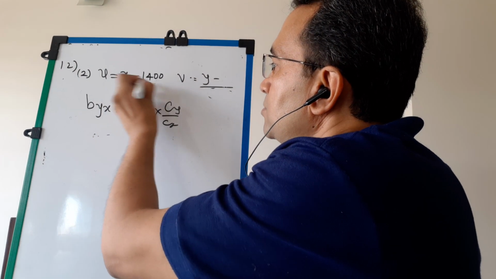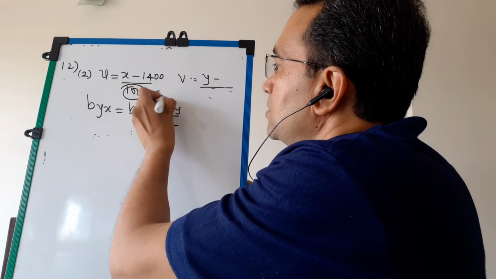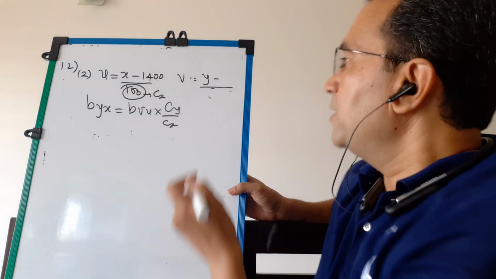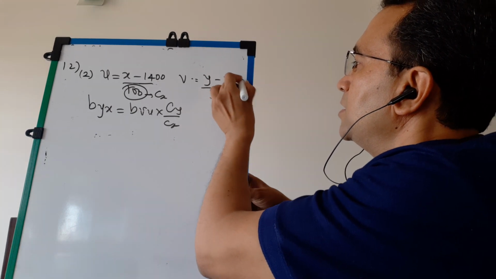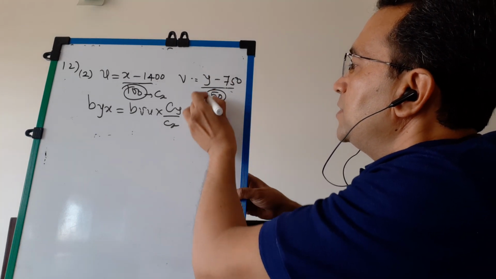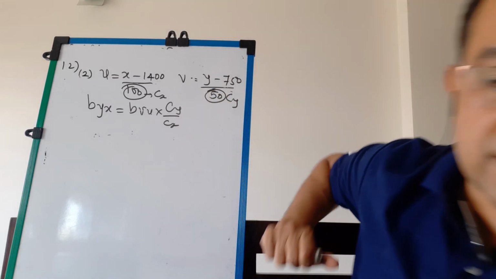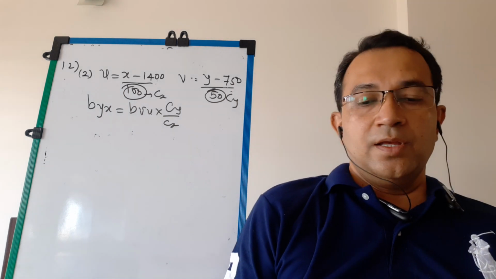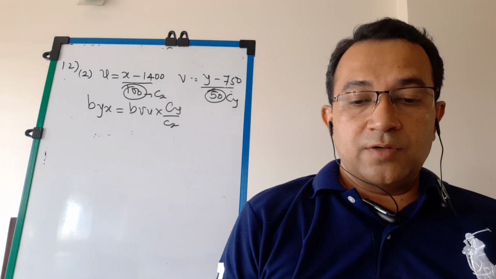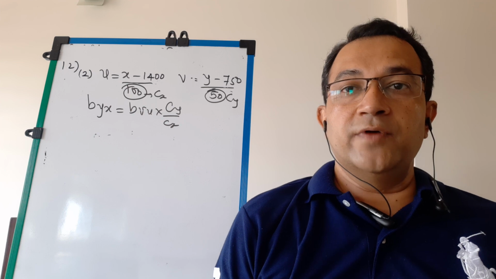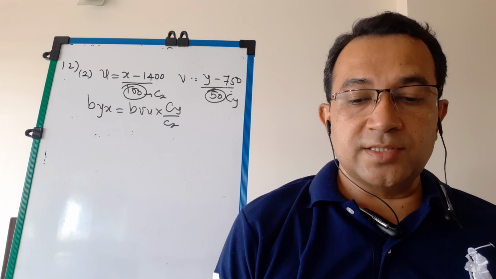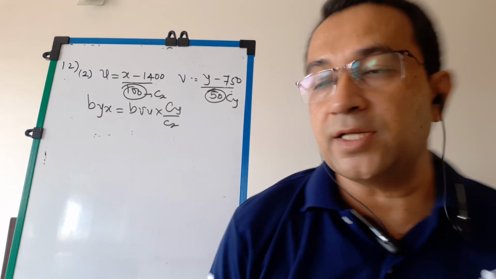So this becomes cx, and v is equal to y minus 750 divided by 50. This becomes cy. U is equal to x minus 1400 divided by 100. So cx is 100 and cy is 50.